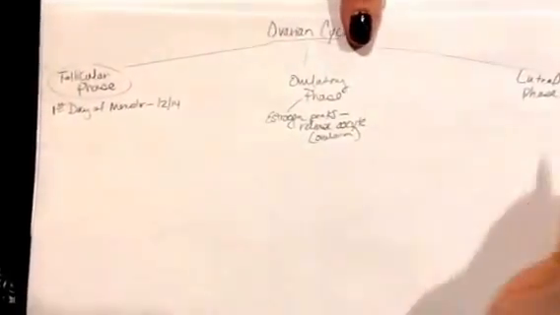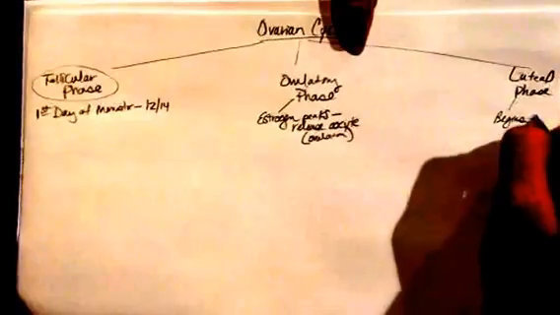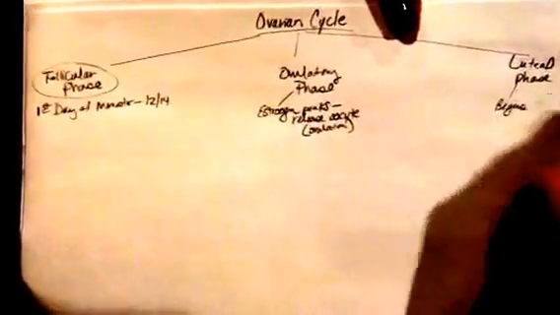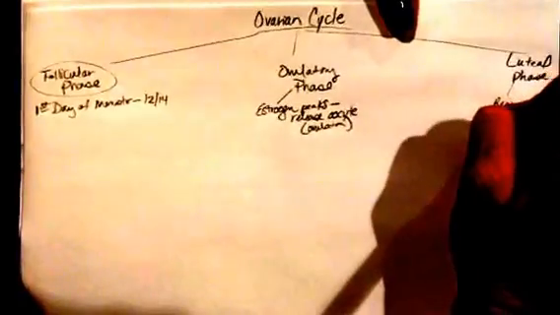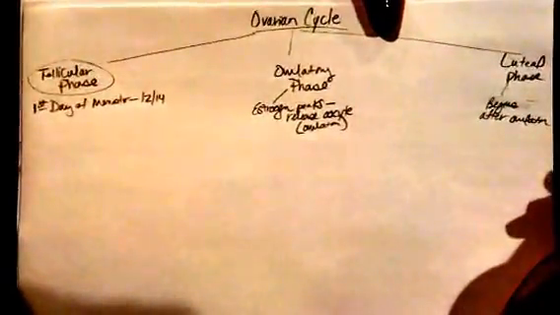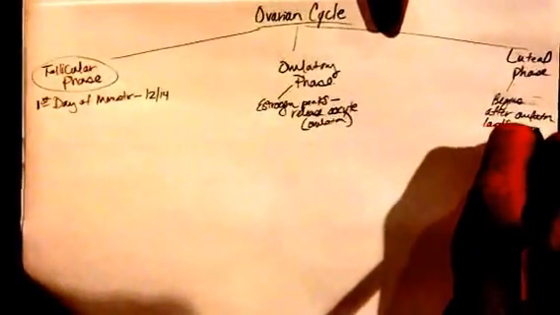The luteal phase, this begins after ovulation. And then this lasts approximately 14 days.